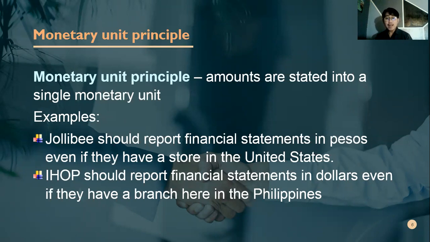Okay? So katulad din sa example kanina, kung anong klaseng pera ang ginagamit nila, they must use it para mas madaling maintindihan. So kahit na they have a branch here in the Philippines, they still need to use kung ano yung pera na ginagamit nila sa bansa nila.